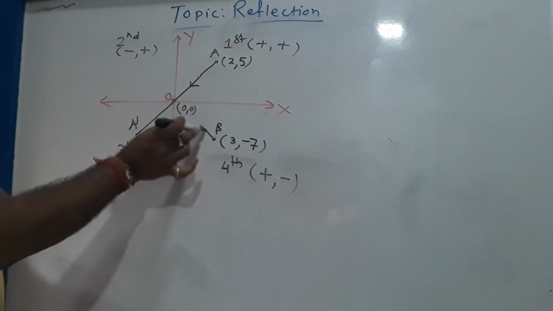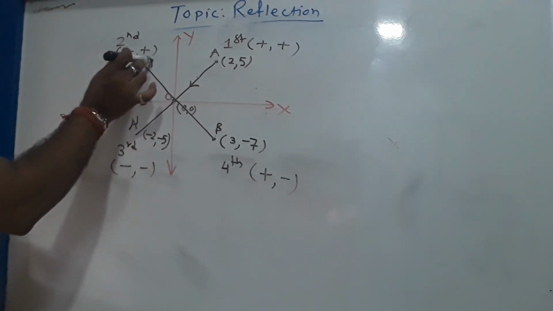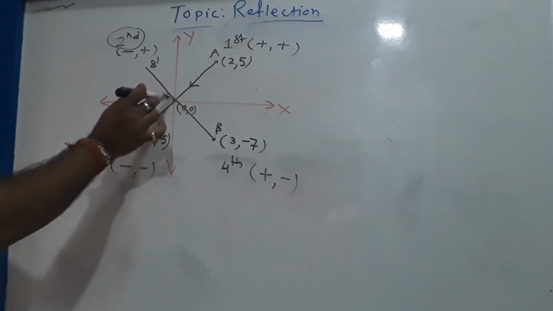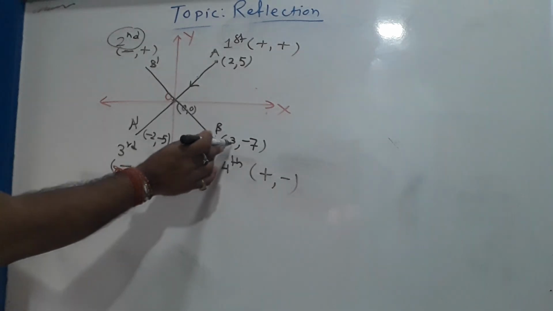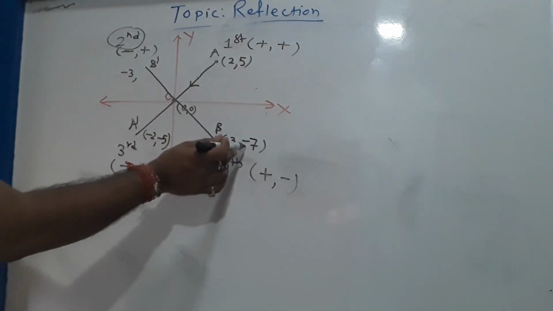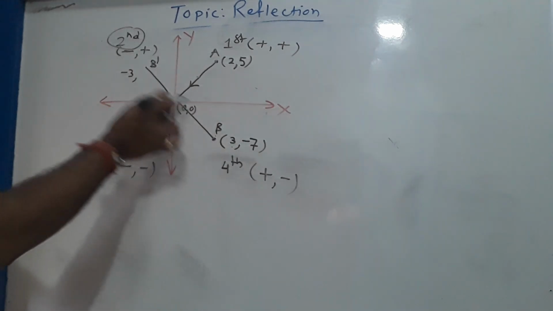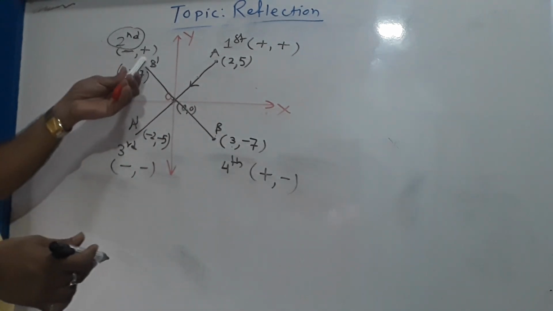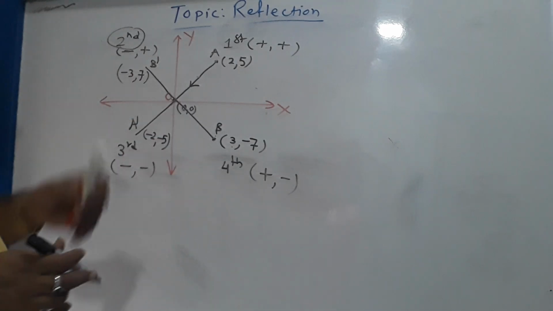So B will go to B dash. In the second quadrant, x is negative and y is positive. So 3 will become minus 3, and minus 7 will become plus 7. So this is the reflection B dash of point B.